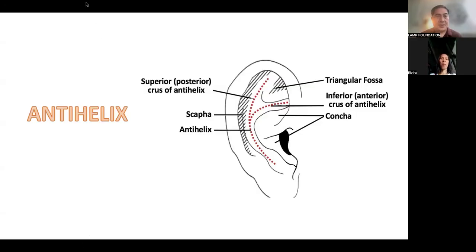You can see that we have the superior. Other books would call it the posterior crus, or the posterior root of the antihelix. And then we have the inferior, or the anterior. Other books would say this is the posterior, or the lower part of the antihelix.